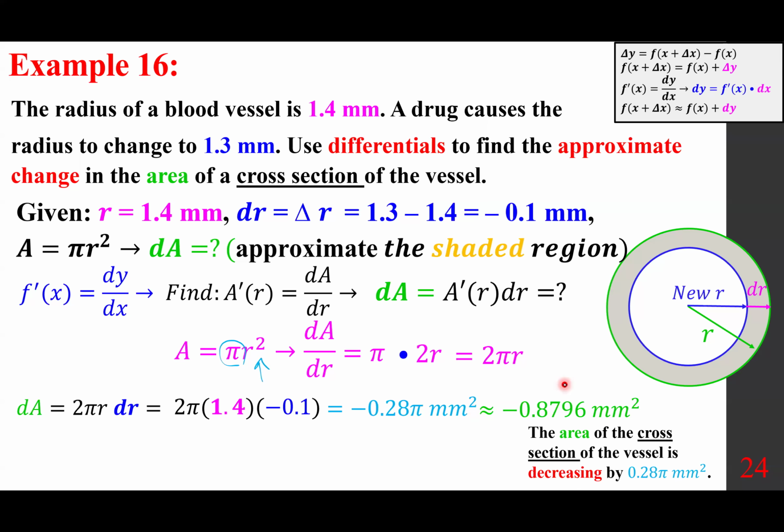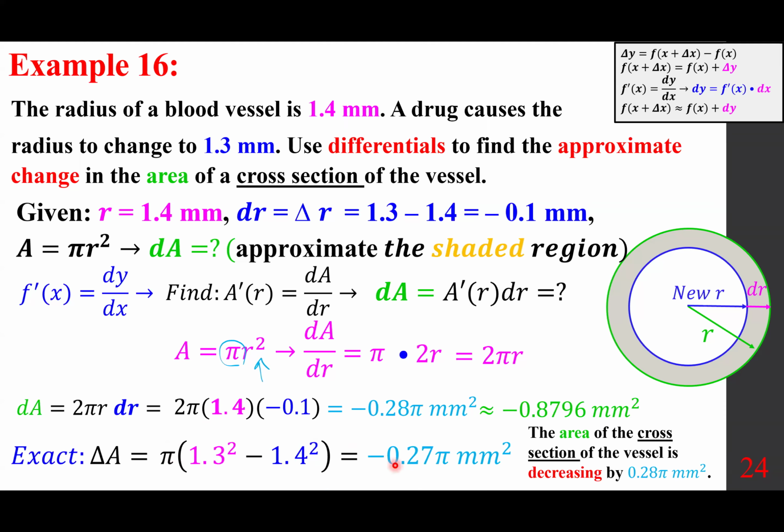Now, I hope you realize we can find the exact area, which is delta A, and it is very simple. Calculate pi r squared, the area of the smaller one, pi times 1.3 squared, and then calculate the larger circle, pi r squared, pi times 1.4 squared, and the difference is delta A. I'm going to factor the pi out: pi times 1.3 squared minus pi times 1.4 squared.